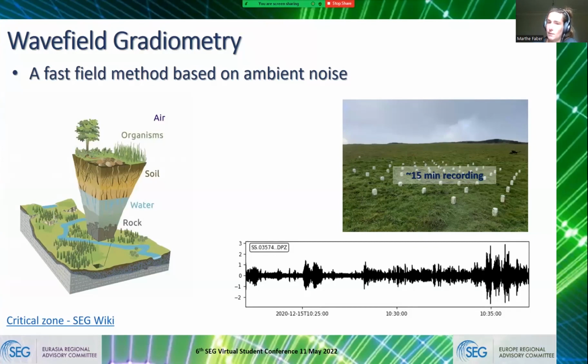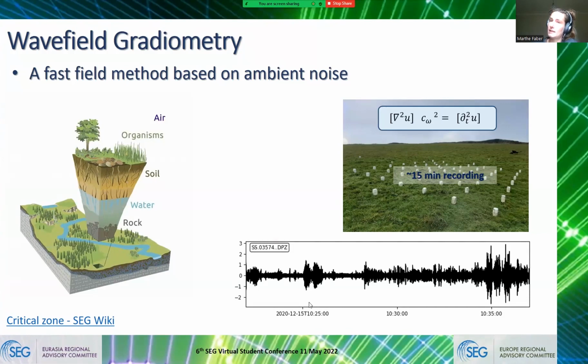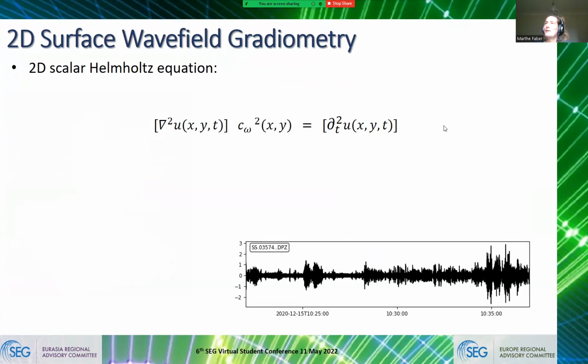And as we are dealing with ambient noise here, we can make the assumption that our wave field is dominated by surface waves, whose propagation can be described by the above 2D Helmholtz wave equation. So in the following slides, I will explain the concept of so-called 2D surface wave gradometry, which is based on this 2D Helmholtz wave equation.